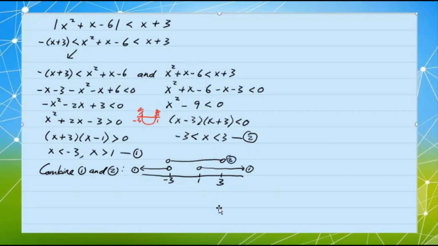Now because we combine with using AND, means the final answer for x is where the section of x consists of 2 arrow lines. Therefore, the final answer for this modulus inequality is the value of x where x is greater than 1 and less than 3.